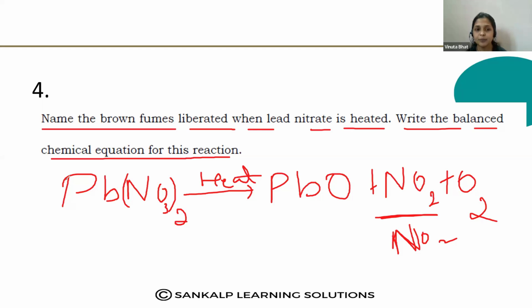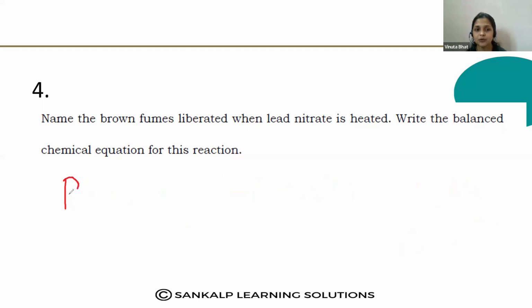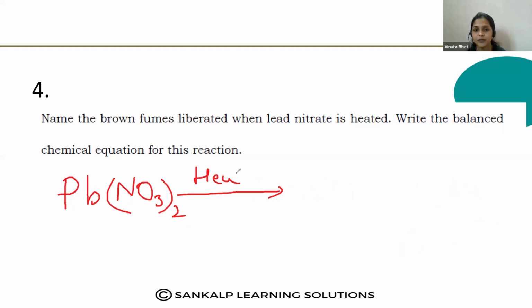So let us write the balanced chemical reaction for this. PbNO3 twice, when it is heated, forms PbO plus NO2 plus O2.